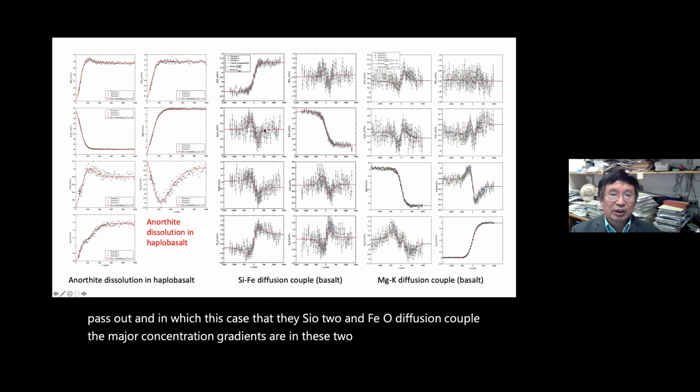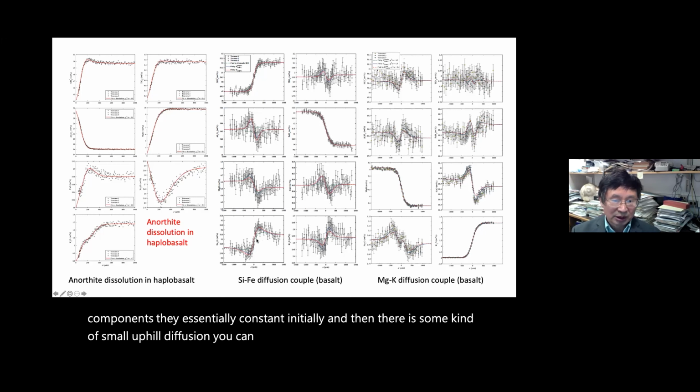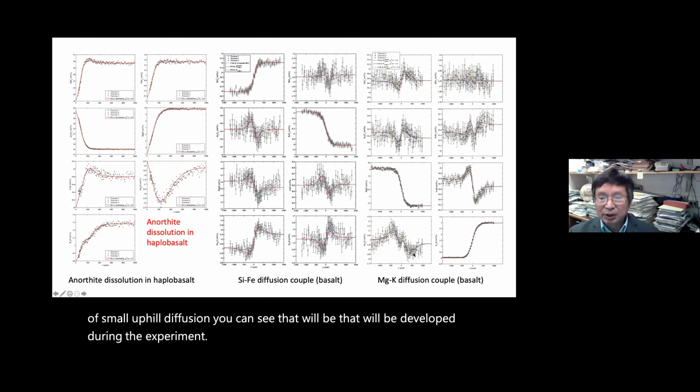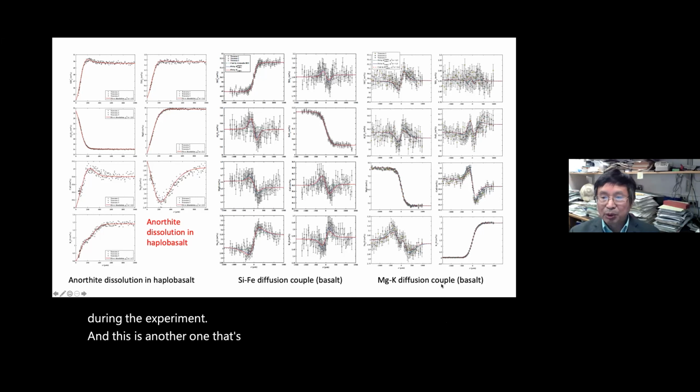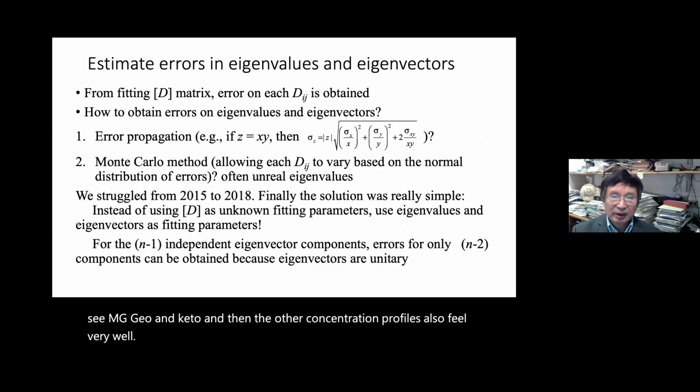The other components are essentially constant initially, and then some small uphill diffusion develops during the experiment. And this is another one, an MgK diffusion couple. You can see MgO and K2O, and the other concentration profiles also fit very well.